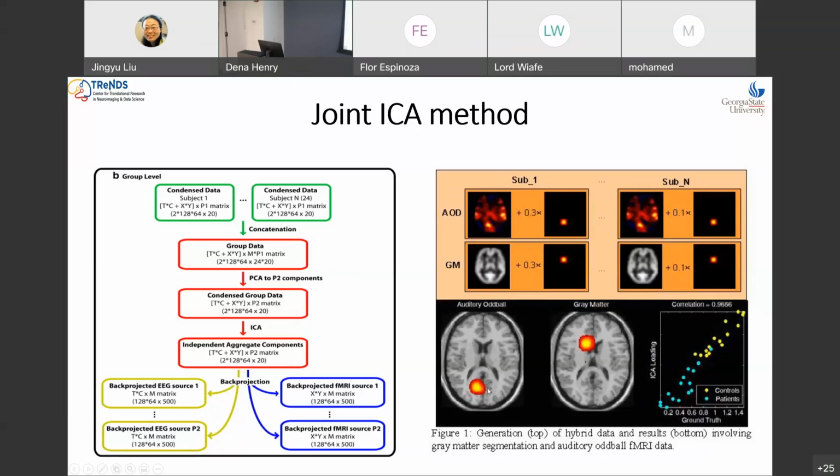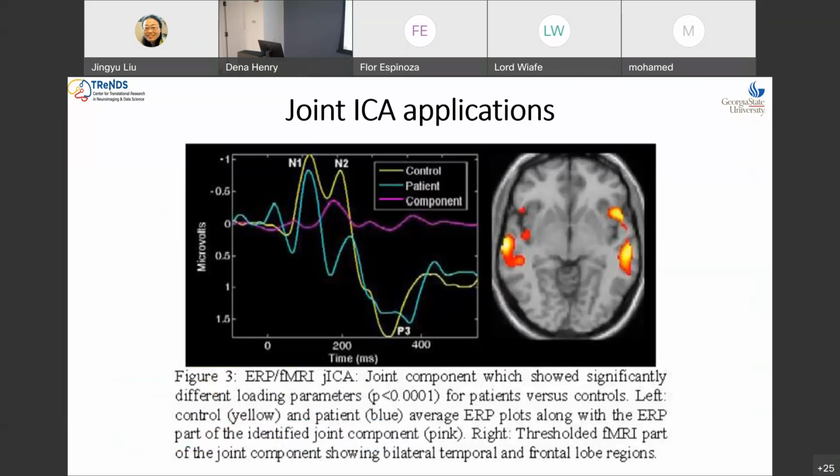So this is the basic idea of joint ICA: there are very strong connections between these two modalities, with absolutely shared variation patterns, and we want to pull them out. One application is applying this joint ICA approach to functional MRI data and EEG data, where both are doing the same task.